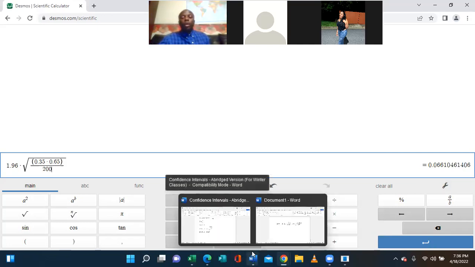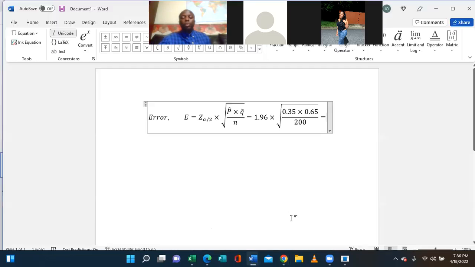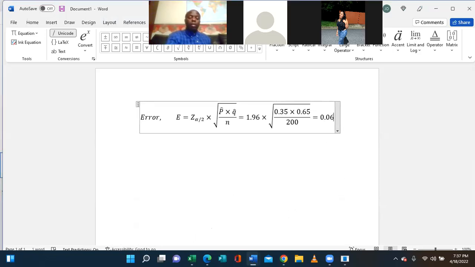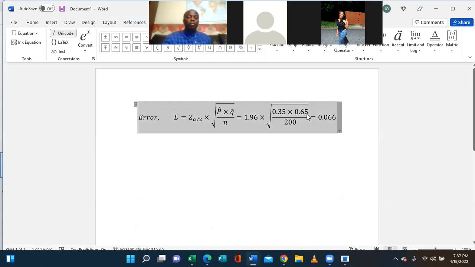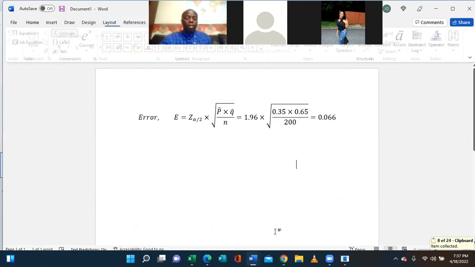So we go to our book and put our error margin, then copy it and paste it in our book. Okay, this is our book right here.